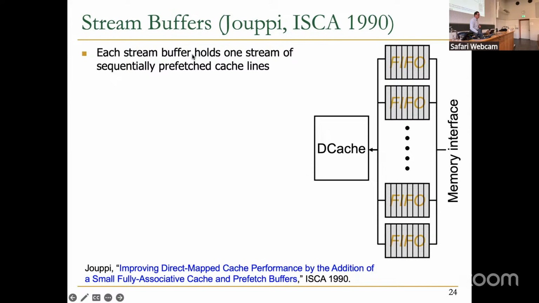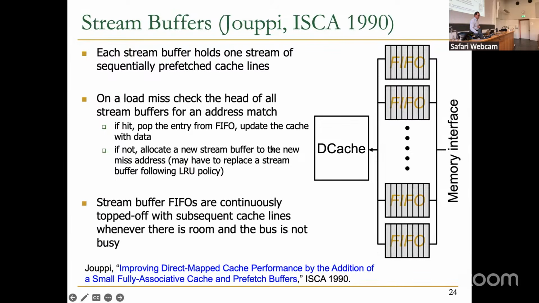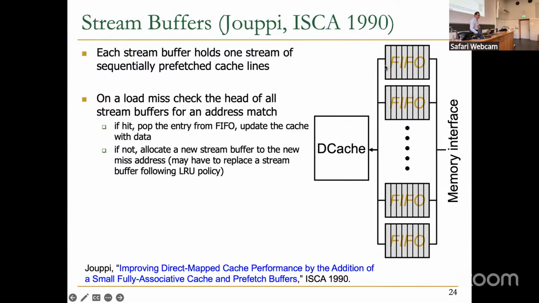Each stream buffer holds one stream of sequentially prefetched cache lines. On a load miss, you check the head of all stream buffers to see if there is a match. So your load instruction missing the data cache, you look at all the stream buffers, only the head, to see if there is a match. If there's a match, then you pop the entry from the corresponding FIFO and update the cache with the data, and then change the head of the FIFO to the next line, essentially.